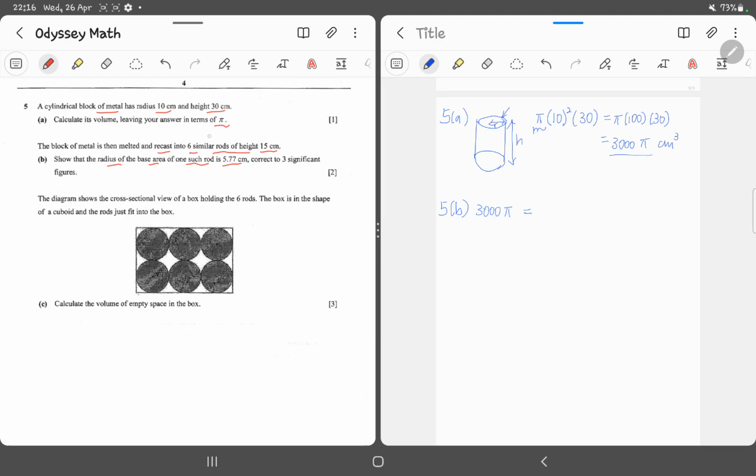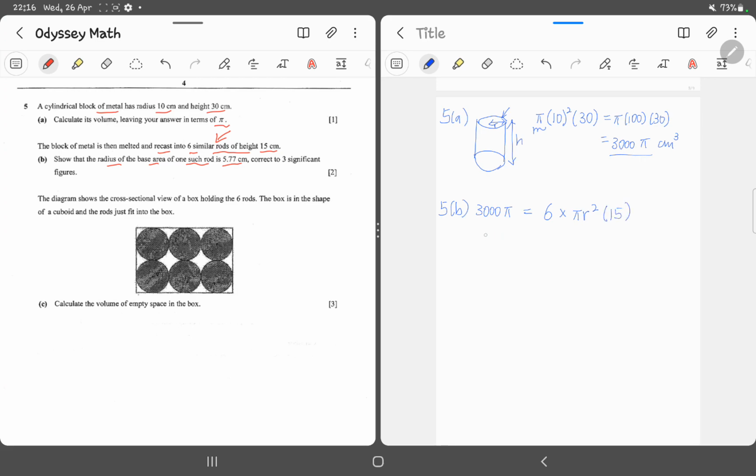This is melted and recast into 6 similar rods, but this time of height 15 cm. So it will be 6 of them multiplied by pi r squared. We don't know the radius, so it's r squared, and this time height 15 cm.